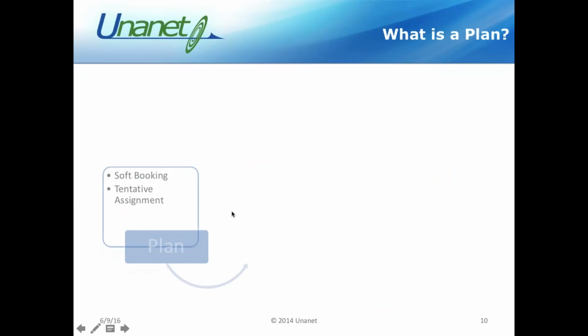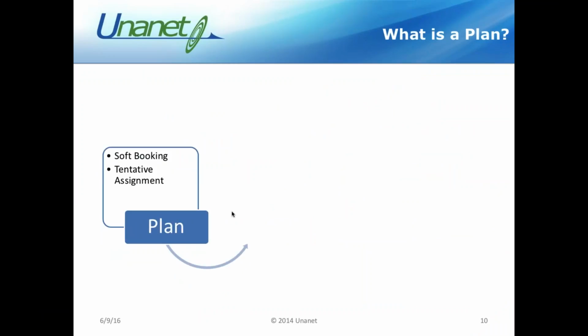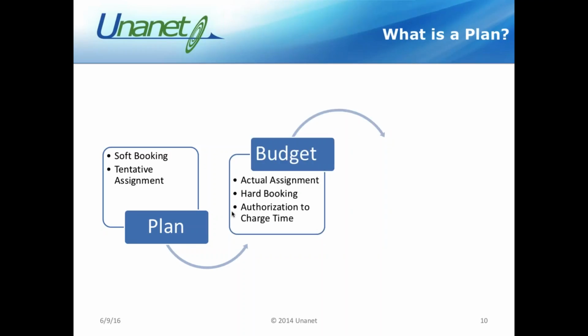Okay, so what is a plan? I like to talk about the definition of what a plan is in Unanet because it's a terminology that we use in the system and maybe not everybody knows about what that plan is. When I talk about a plan in Unanet, it's a soft booking or a tentative assignment of resources and expenses, could be expenses as well, to the project, which is different from budget. And when we talk about budget in this context, it's the resource assignment, which creates a budget.